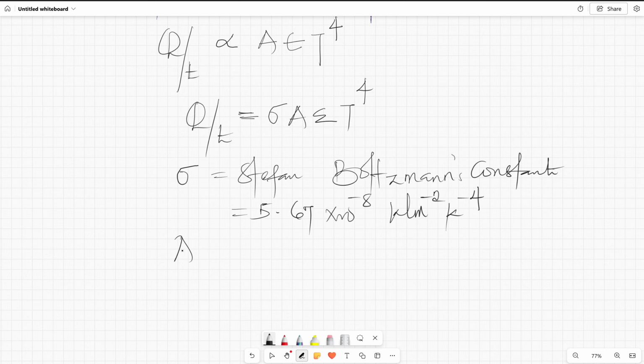Please do know that A is the area of the surface, usually you need to take note of that in meter square.